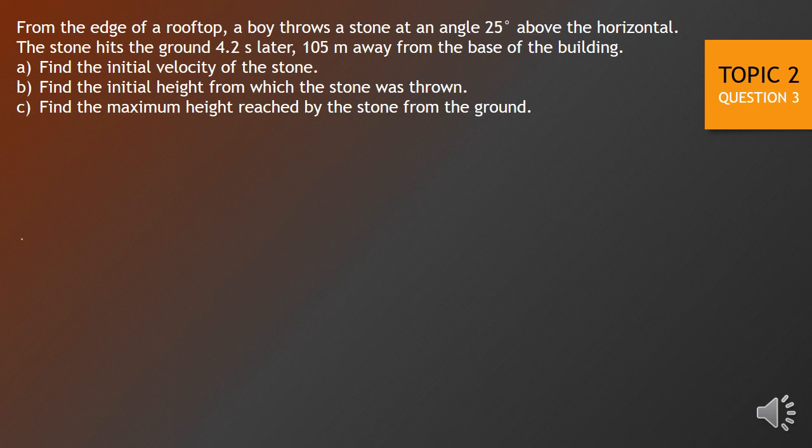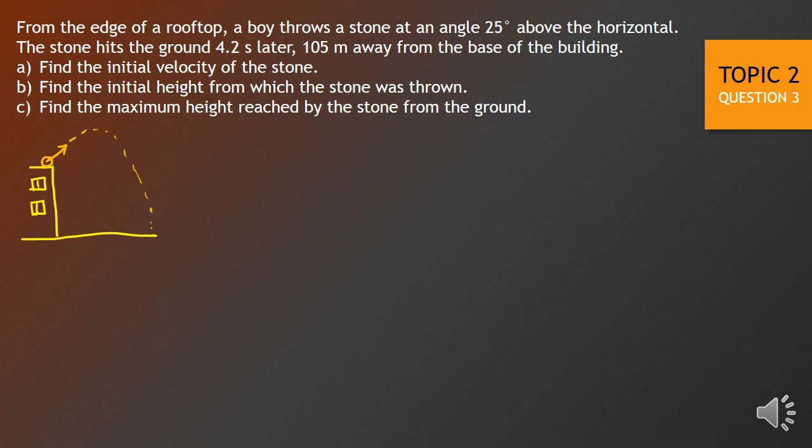Okay, so let's say we have a ground and then we have a building. Okay, so this is the building. There is a stone here, and then it was thrown at an angle of 25 degrees of the horizontal.